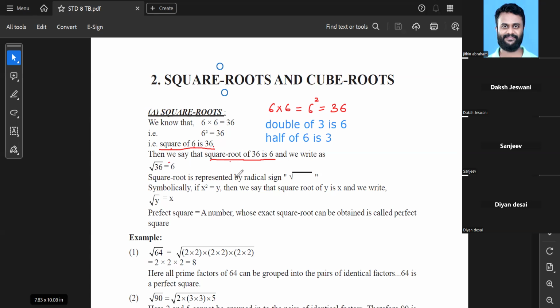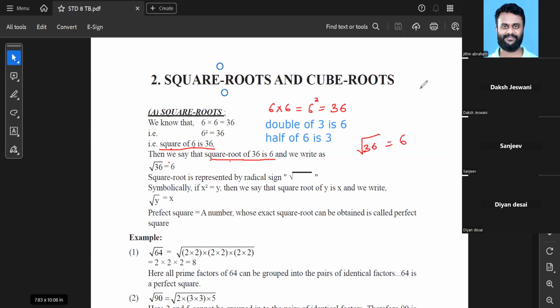And for the symbolic representation, like for square we use 2 on the head of the number, similarly, if you wish to say square root, first you write 36 and then you draw this particular symbol. This is the symbol of square root. So square root of 36 is 6.